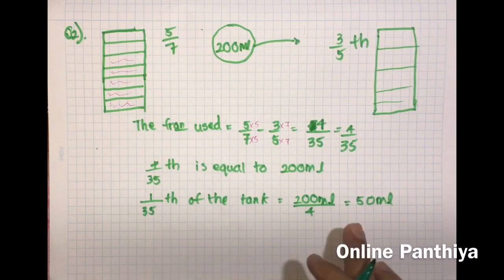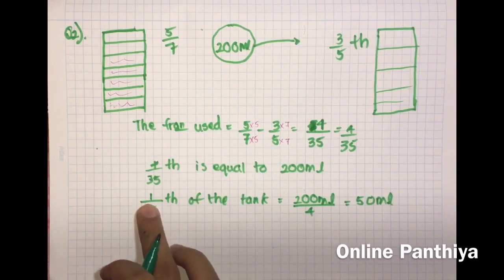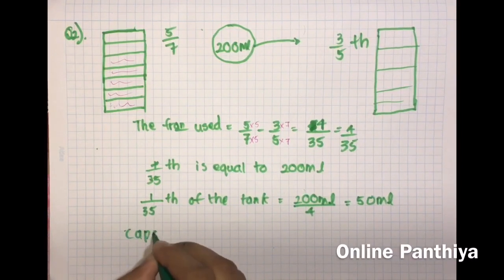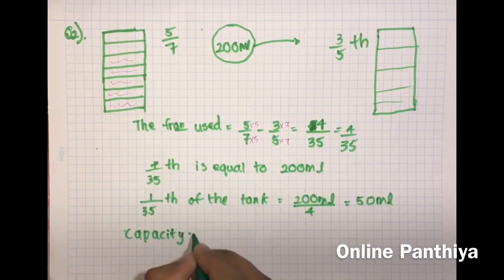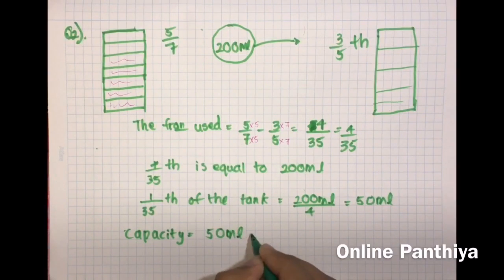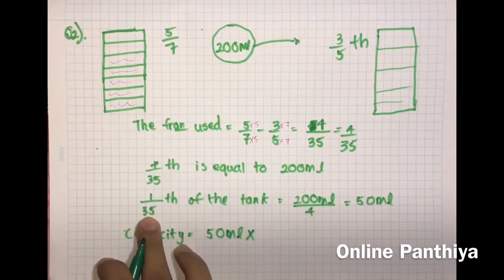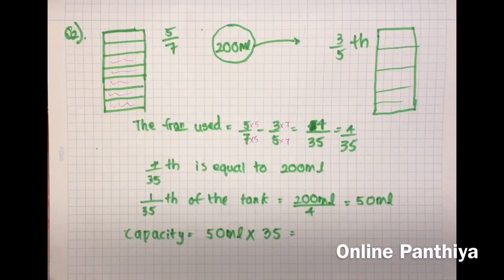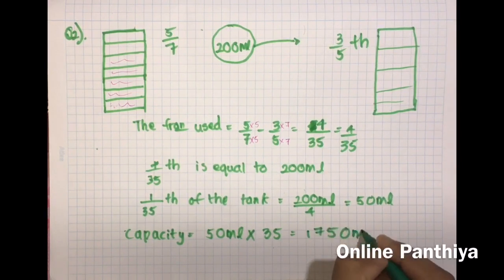Yes, you have altogether 35 equal parts. So the total capacity is equal to 50 millimeters multiplied by 35 parts. So what is the answer? You have to multiply these two. That will give you 1750 millimeters.